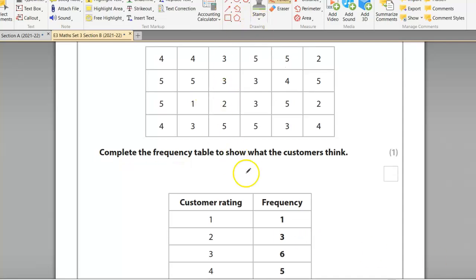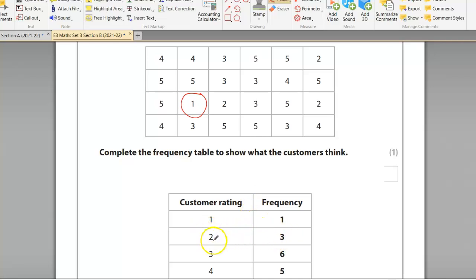Okay, so when we look at this frequency table down here, it says frequency 1 for customer rating 1. So what that means is when we look at this table, there was only one customer that gave a rating of 1 out of 5. So that's why the frequency for a rating of 1 is 1, because you can only see the number 1 once.